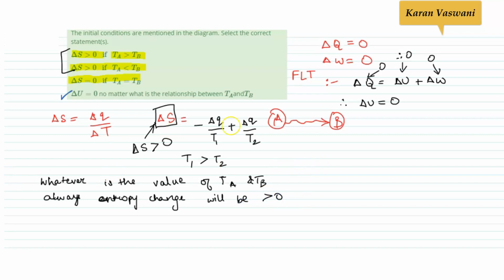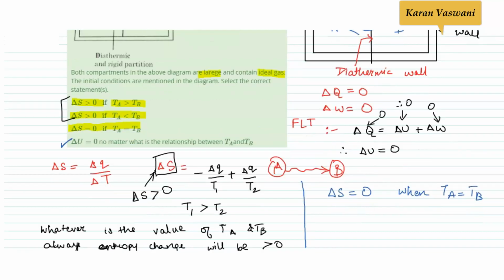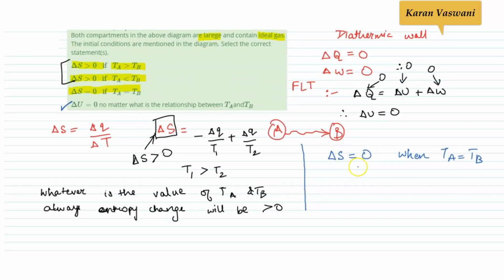And entropy change can be equal to 0: delta S is equal to 0 when TA is equal to TB, when the temperatures of both A and B become equal. When A has the same temperature as B, there is no transfer of energy, and if no transfer of energy, therefore no entropy change. Therefore delta S will be 0.